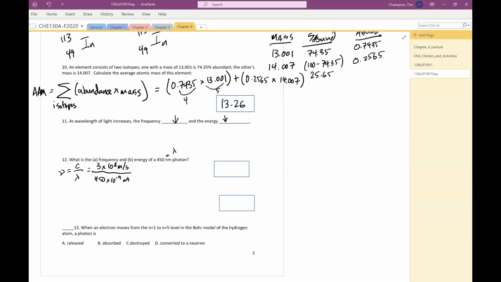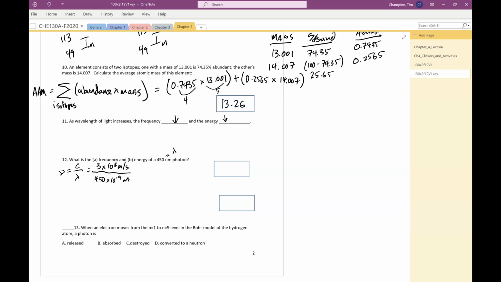So 3 E 8 divided by 450 E negative 9. Now let's think about this just a second before I hit enter. So 3 over 450, well, let's think about that as 3 over 0.45 for a second.